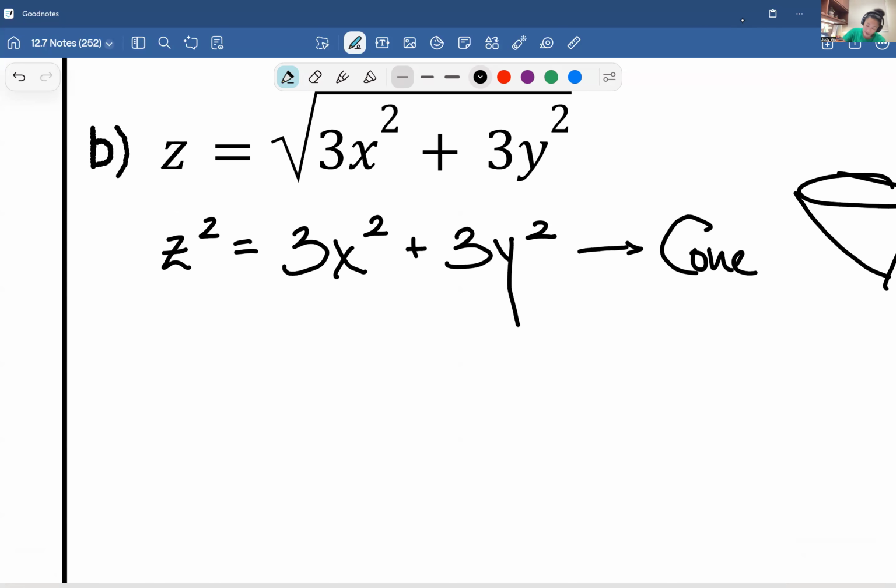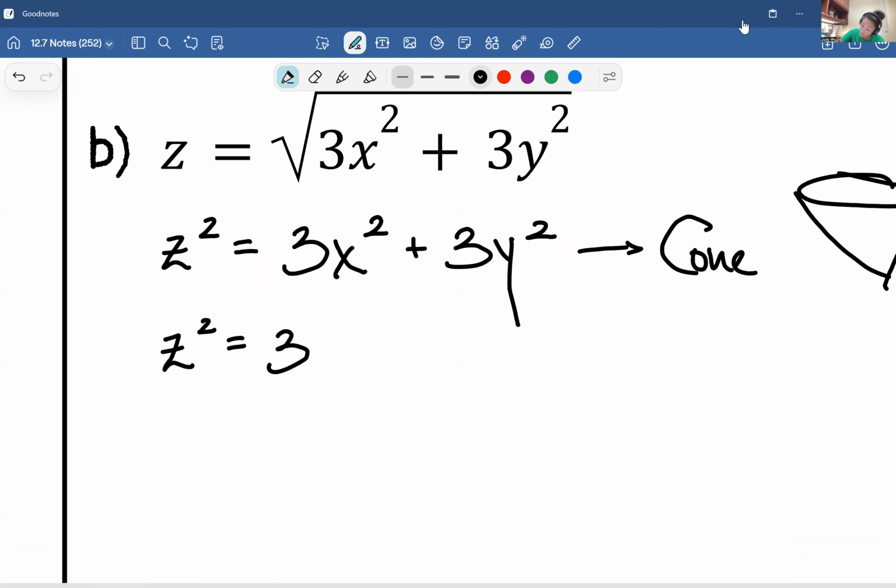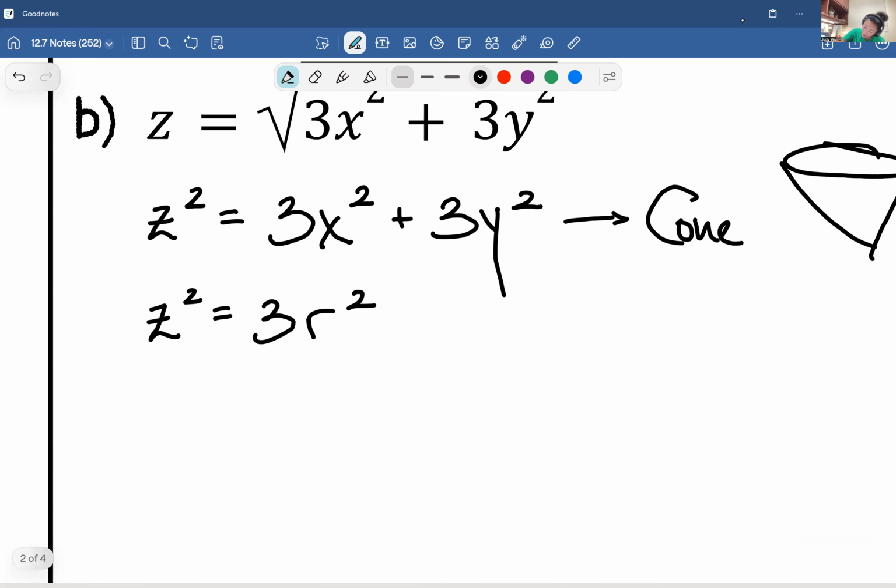So I've got z squared equals, I'm going to factor out a 3. And when I factor out a 3, I'm left with x squared plus y squared, which I can replace with r squared. And then from there, I can go ahead and take the square root of both sides. z equals r times root 3.